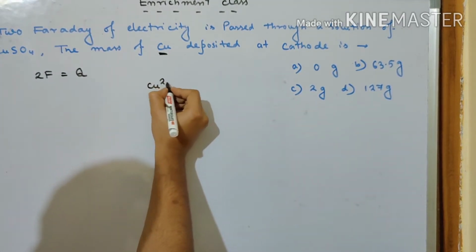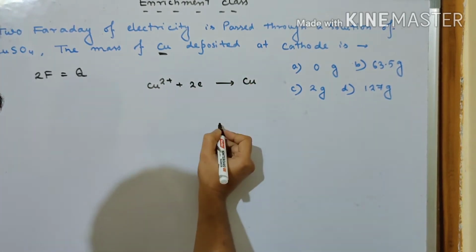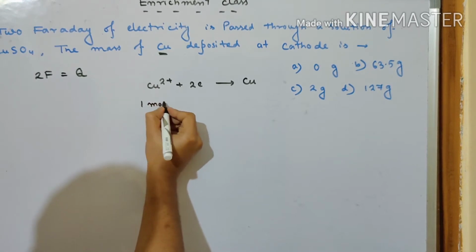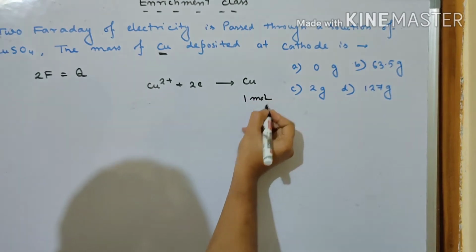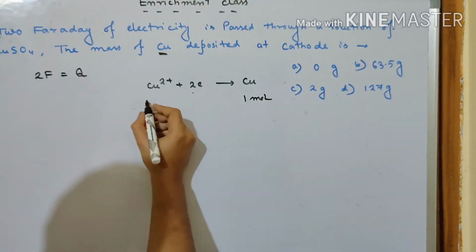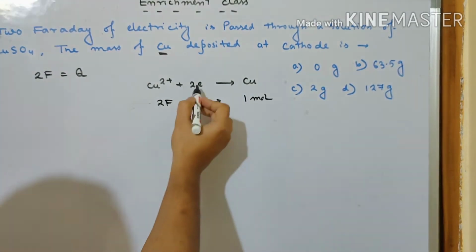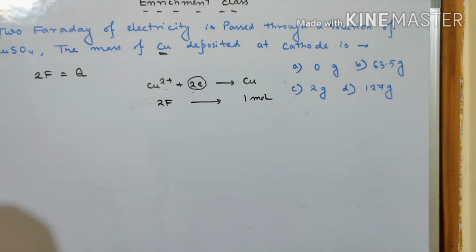So Cu2+ accepts 2 electrons, giving rise to copper. So we know to deposit 1 mole of copper, how much electricity we need? We need 2 Faraday to deposit 1 mole, because valency is 2, so it needs 2 electrons to deposit copper.